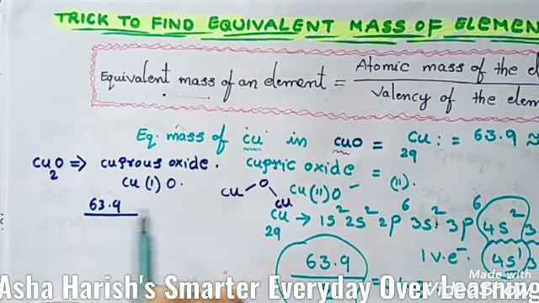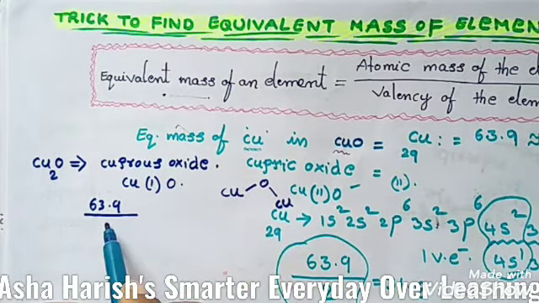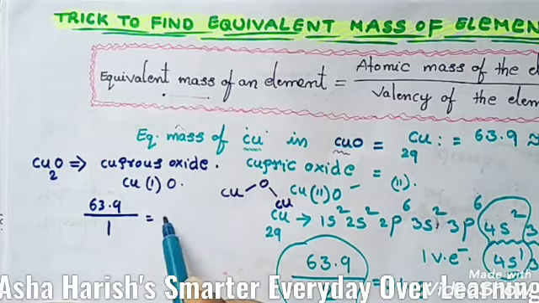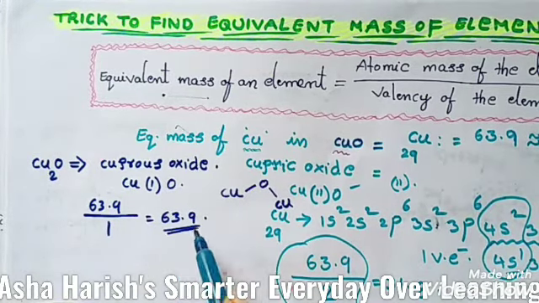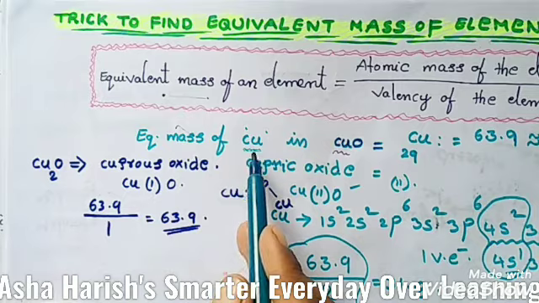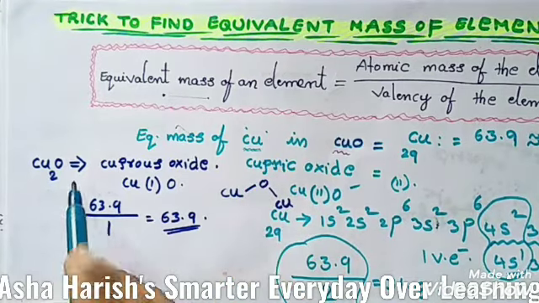So the valency of copper is 1, and the same 63.9 is the equivalent mass of copper in the compound Cu2O.